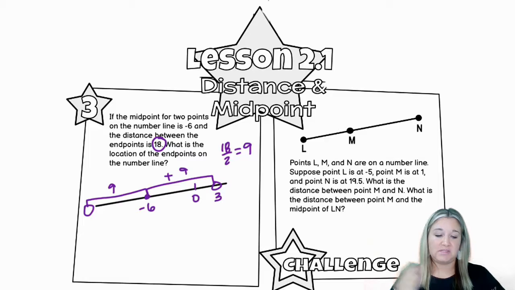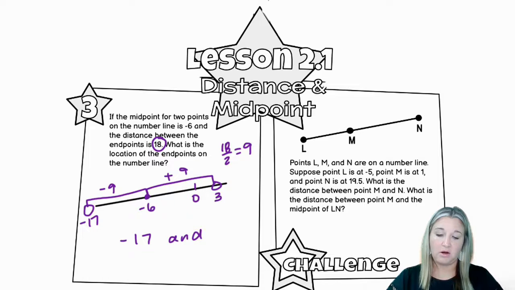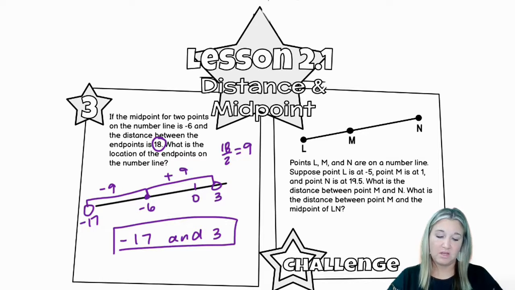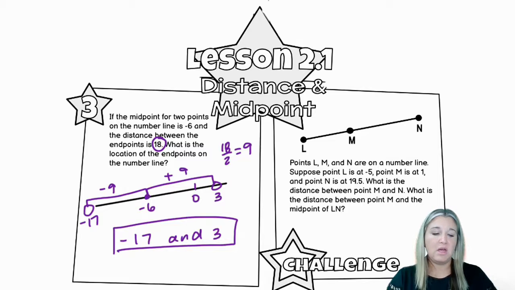And if I take -6 minus 9, that moves it to the left, and I end up with -17. Okay, so these are my two answers, -17 and 3 are the endpoints. So that one's a little bit trickier.